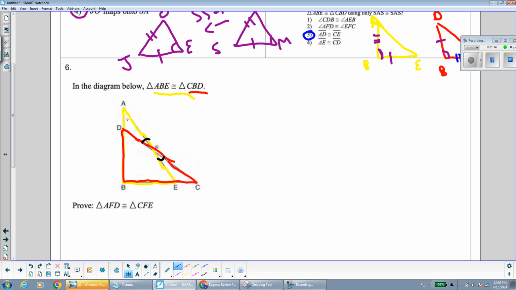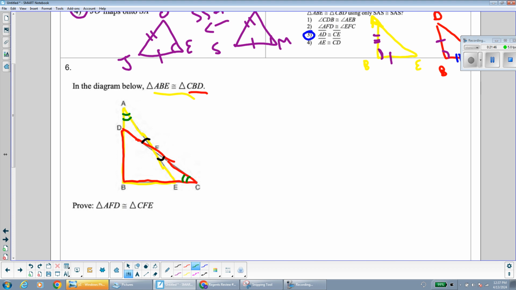Since angle A and angle C are parts of the big triangle, we can CPCTC them because we already know that the big triangles are congruent. And remember, if triangles are congruent, then all the other corresponding stuff about them, sides and angles, are also congruent. I don't know if this is going to be helpful right now, but I could very well say that angle A is congruent to angle C by CPCTC.